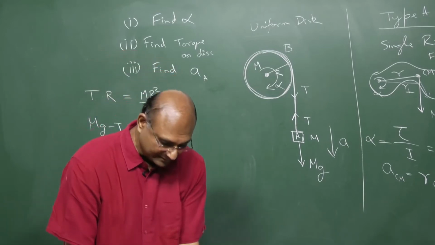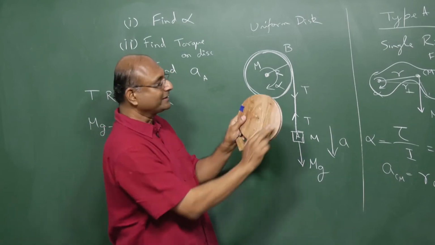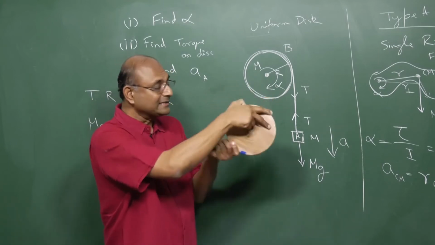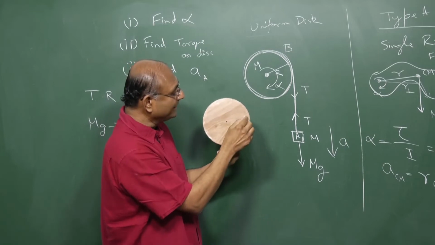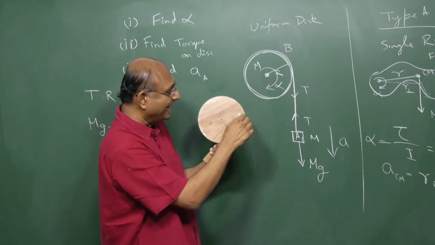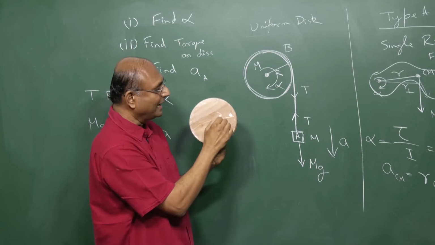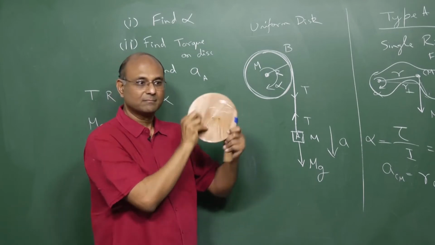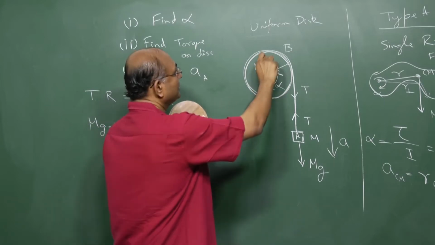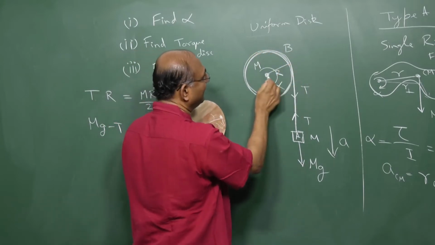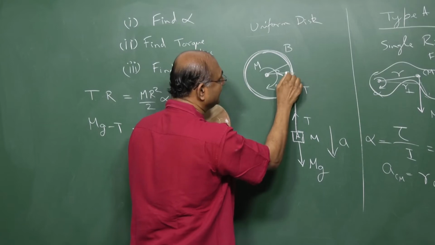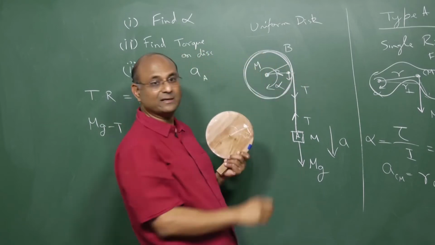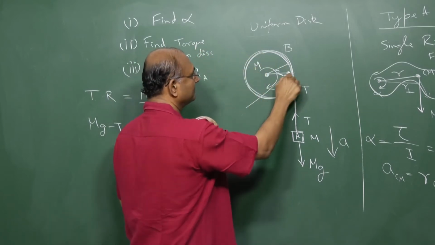Now if I look at this whole thing is rigid. So when this is rotating, this point as it's rotating will have r alpha as its acceleration. So this point has r alpha, this point has r alpha. The point on the disk has an acceleration r alpha.